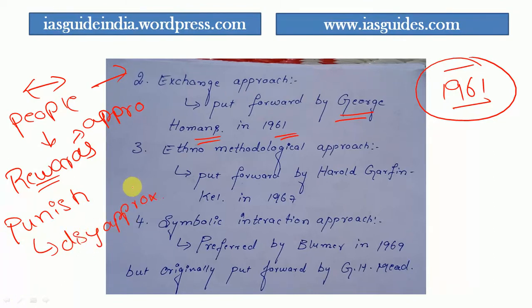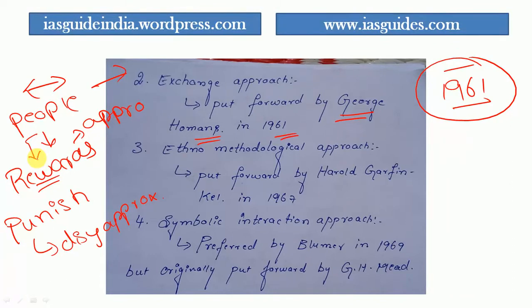Definitely in our society the exchange mechanism is very well planned. Who is rewarded? The person who is hard working. If we take a student who is working very hard and striving to make up his career, definitely he will be rewarded by the people. People will say, nice man, he is striving hard to excel in his career.